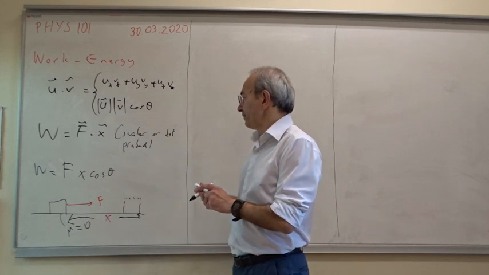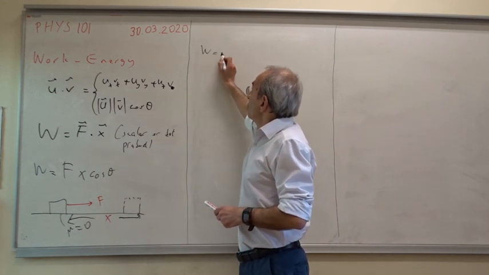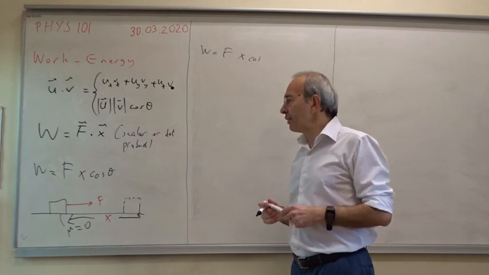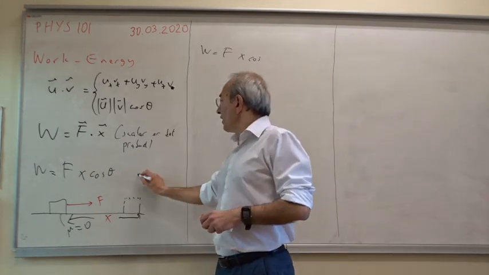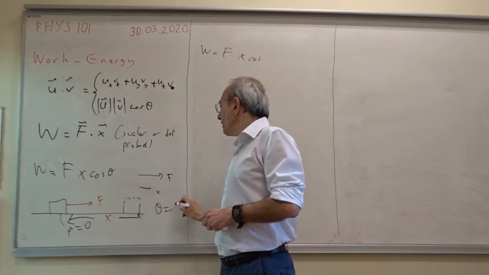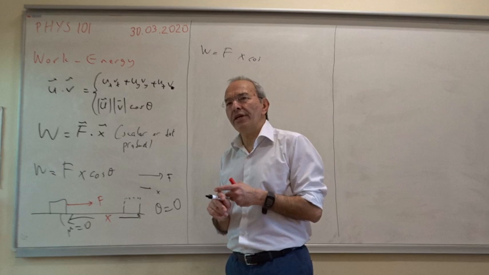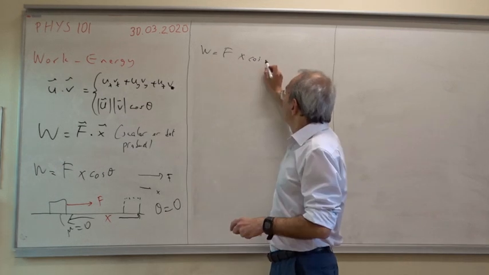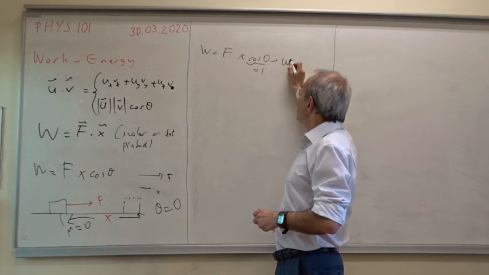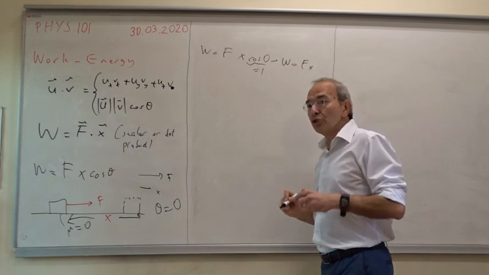In this case, W equals F times x times cosine theta. What is angle theta? Since F is a vector to the right, x is a vector to the right, there is no angle between them. They are parallel vectors. So cosine 0 is 1. Then in the simplest case, we have W equals F times x.